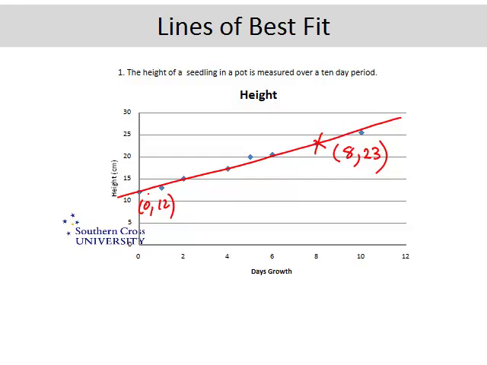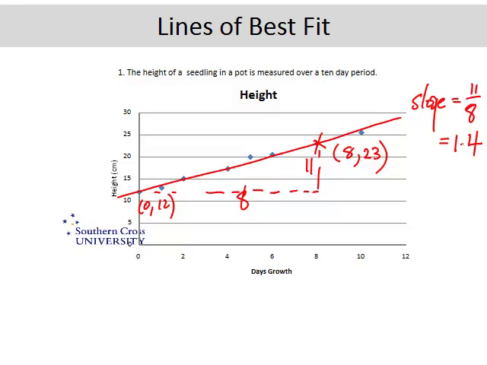It's pretty routine, but this time it will illustrate what slope is all about. This line runs from 0 up to 8, so that's 8, and it rises from 12 up to 23, so it rises 11. So the slope here is equal to 11 on 8, which is equal to 1.375.